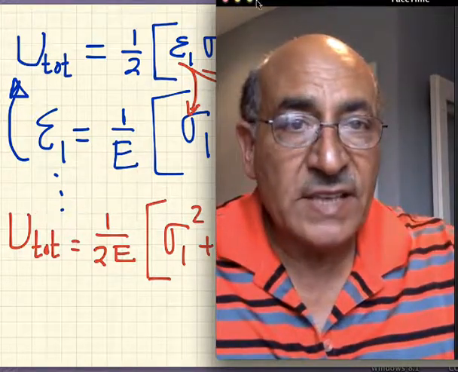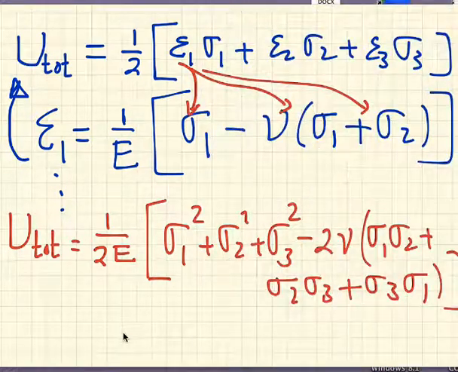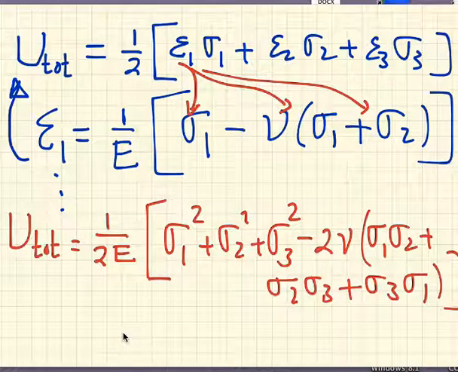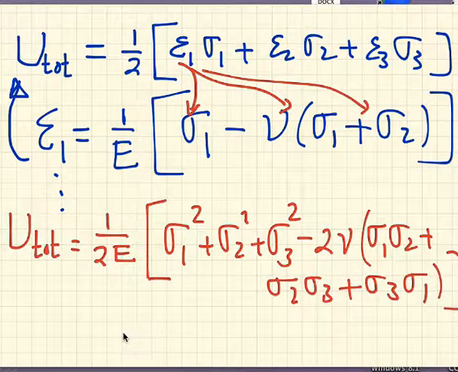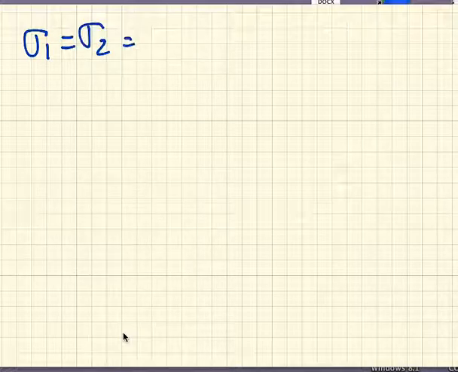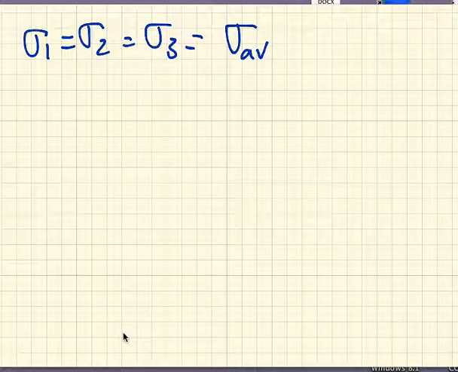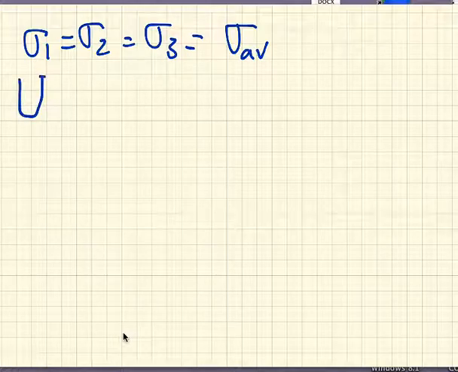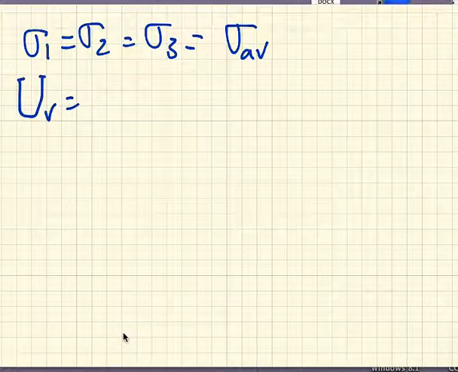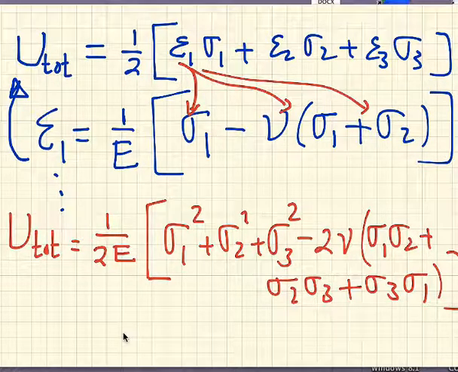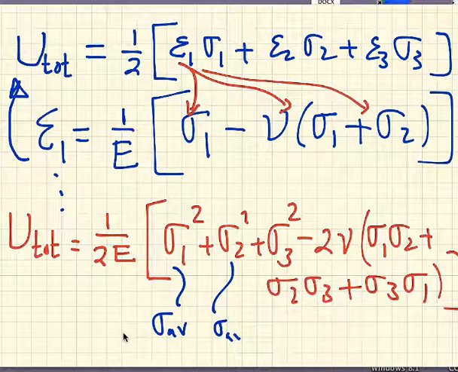So for the special case, let me just start a new page here. When sigma 1 is equal to sigma 2 is equal to sigma 3 is equal to the average value that we found, then in the same energy per unit volume formula that we derived, I take sigma 1 and put sigma av, take sigma 2 and put sigma av, and so on.